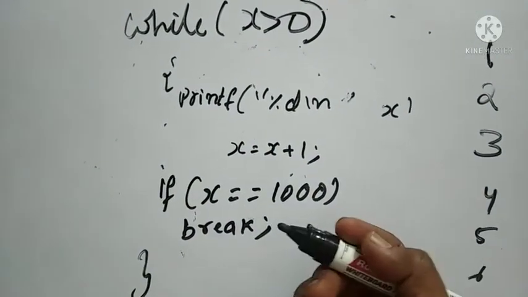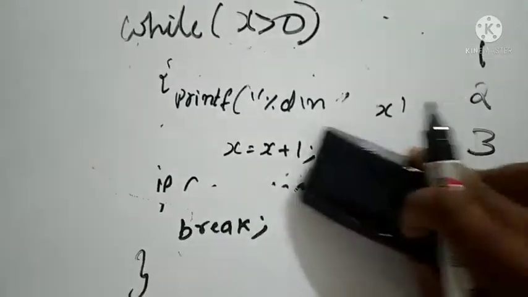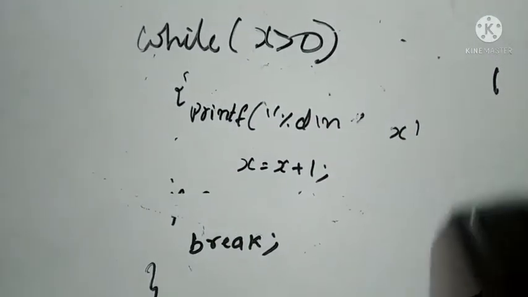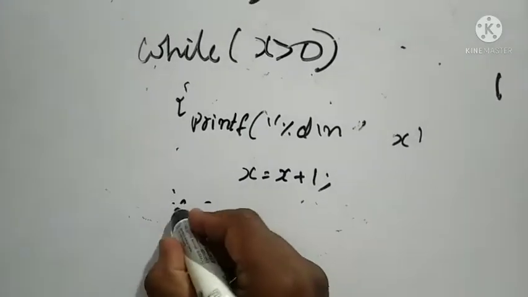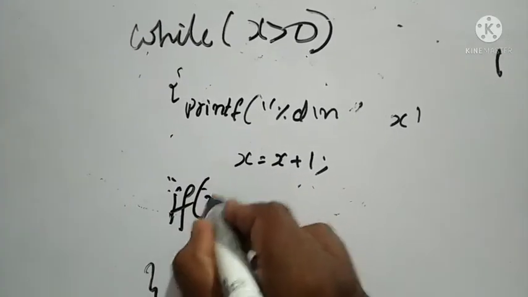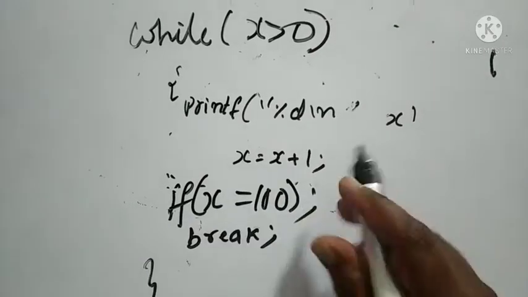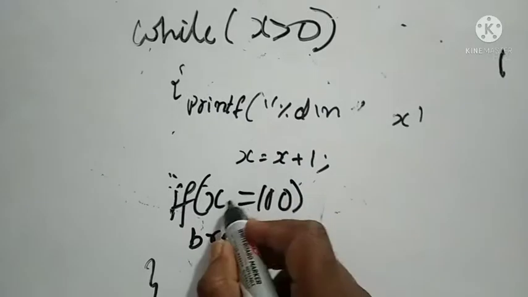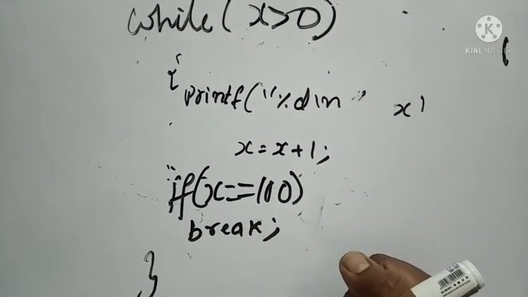If I put simply a break statement without the condition, what happens? During the first iteration, after displaying 1, it will come out of the loop. If I want the value of x to be displayed 100 times, I will write if x double equals 100, then break, meaning come out of the loop.